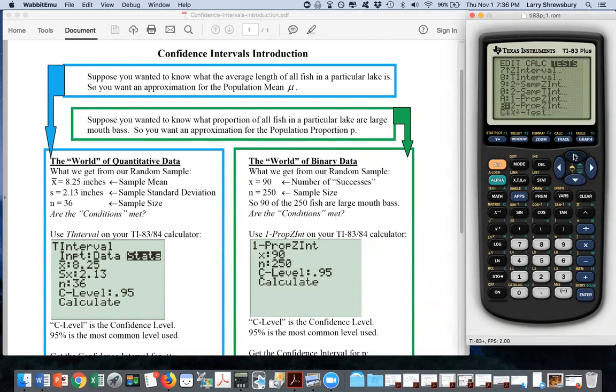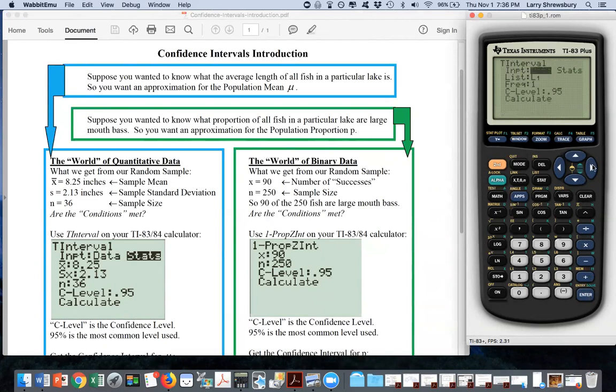So we're going to start off with confidence intervals. And on the test, it's either going to be t-interval if it's quantitative data, or it's going to be 1-prop z-int if it's the categorical binary data. So here we are with t-intervals. Let's select that.